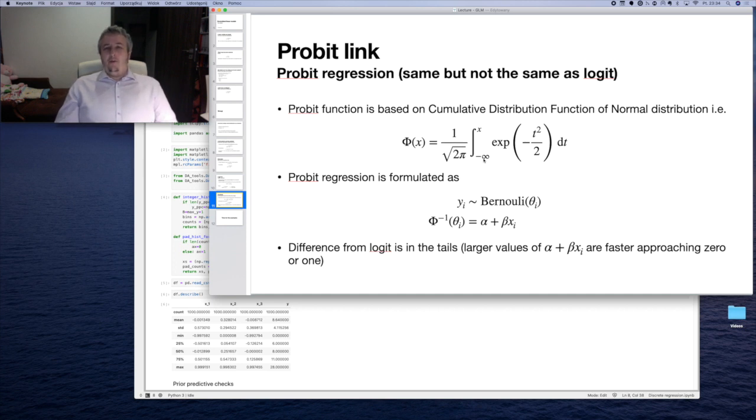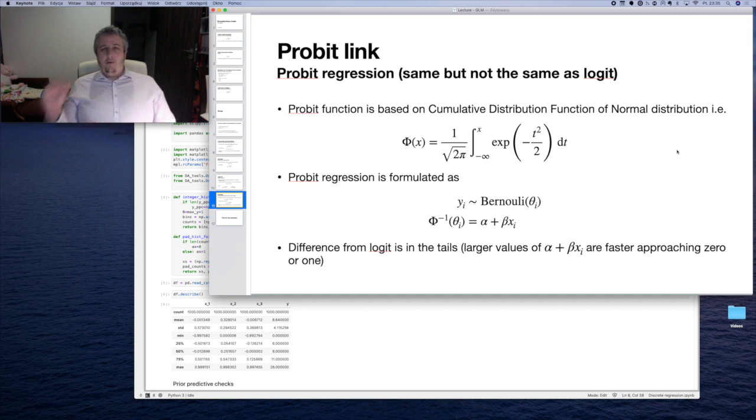The probit regression uses the fact that the cumulative distribution function takes values from minus to plus infinity and assigns them probabilities from 0 to 1. In this situation, we can use the inverse of the cumulative distribution function, which is the probit function, as a link function. In this case, we again get a transformation from an unbounded domain into the bounded domain of 0 to 1.